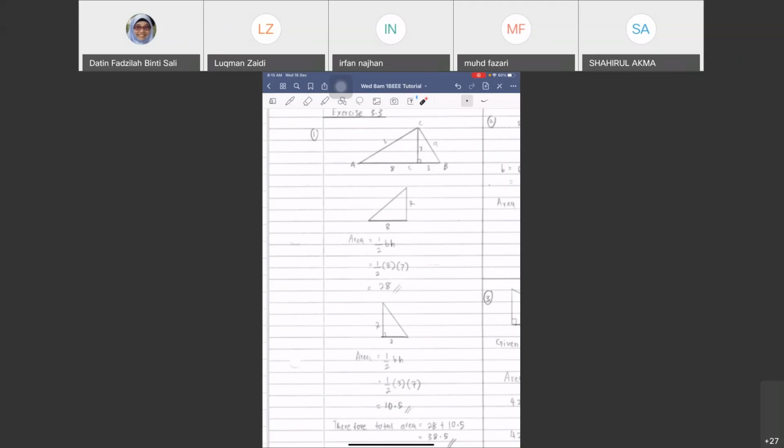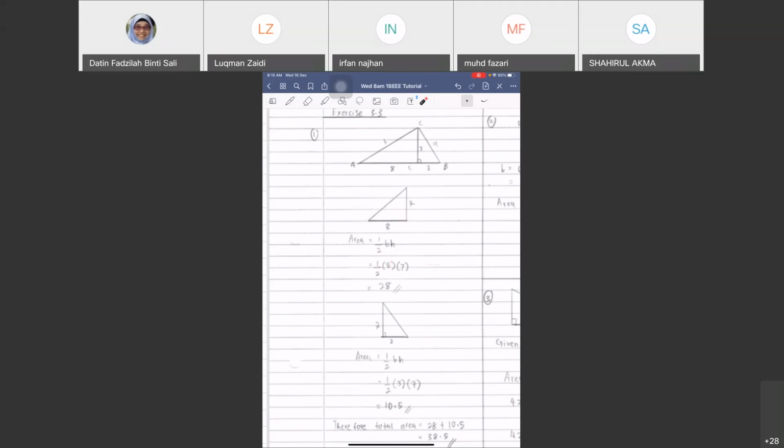Your friend found the area using the basic formula of a triangle, half times base times height.